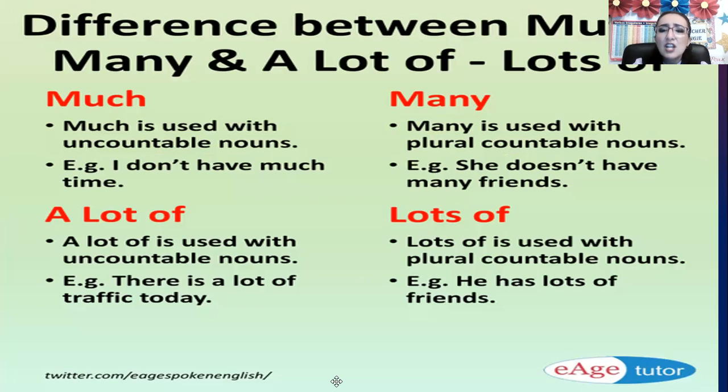He has lots of friends. A lot of, it could be with uncountables. Lots of with countables, but plurals. That's the situation. There is a lot of traffic today. He has lots of friends. Plurals, countables, lots of; a lot of, uncountables.